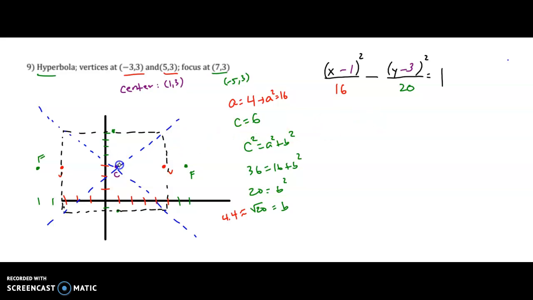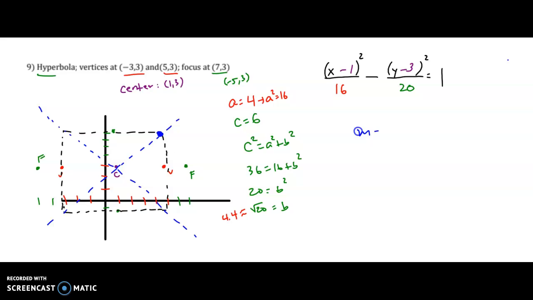We know that we can figure out the slope from the center to one of these corners, right? I like to go to the top right. And so we went up square root of 20, I'm sorry, and to the right 4. The a value is 4.